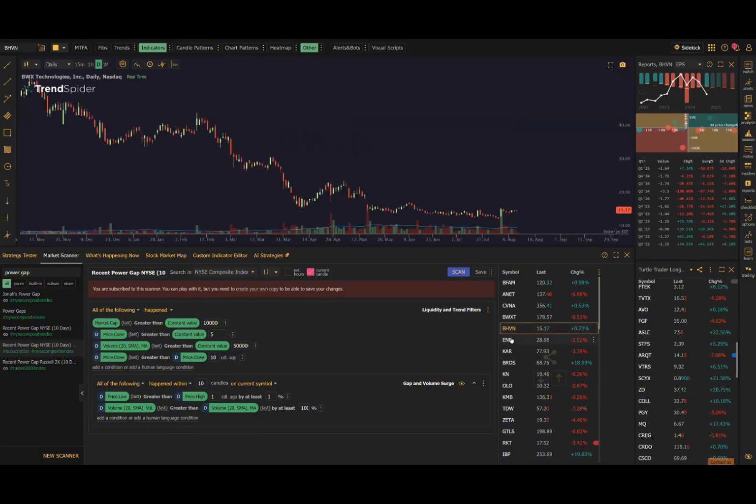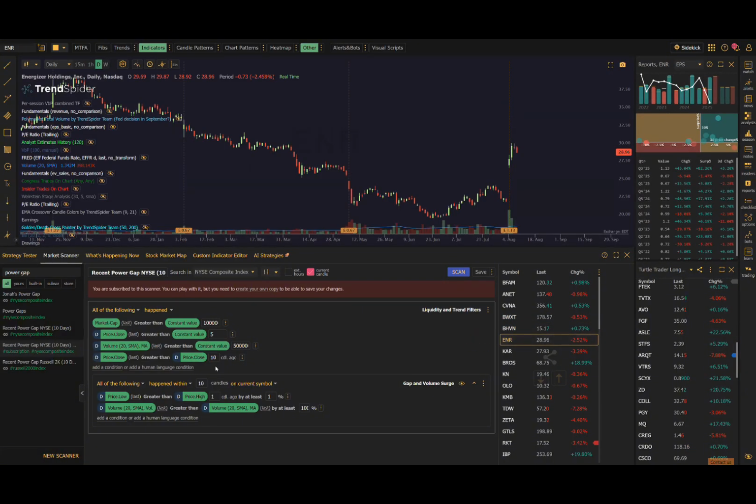Maybe correct me if I'm wrong. For some of the stuff like this, like showing average volume is 2x what it normally is, we combine that with a market cap greater than $1 billion, price over 5, and then the price is greater than it was 10 days ago, and then we have a gap by at least 1% within the last 10 days.